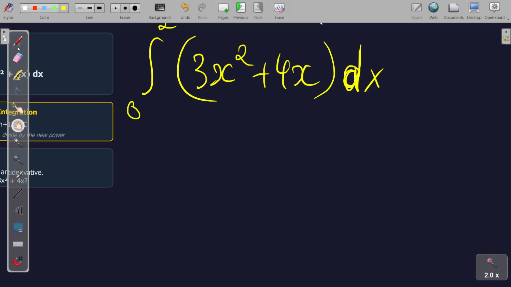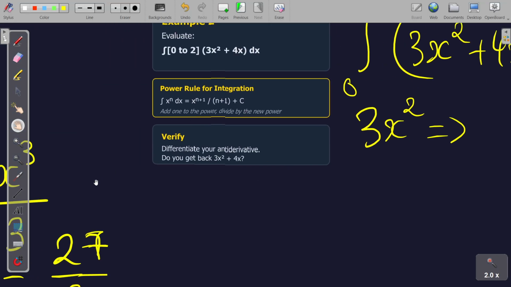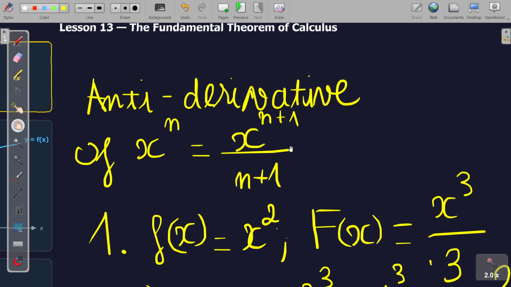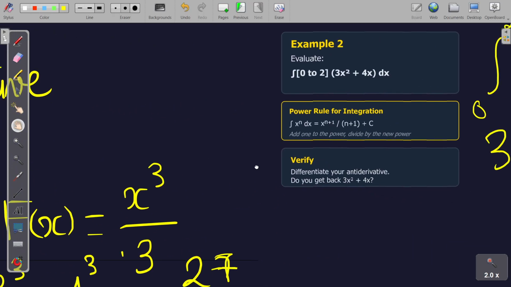So we need to write the antiderivative term by term. We're looking for the antiderivative here. So we need to look back at our general rule here. We will add 1 to the power, and we will divide by the new power.